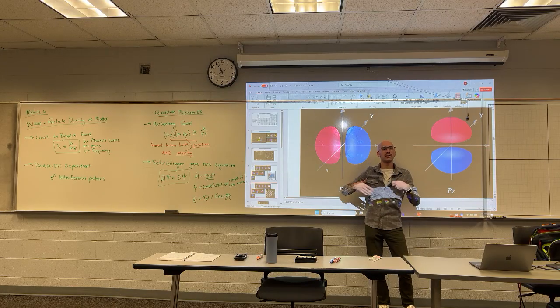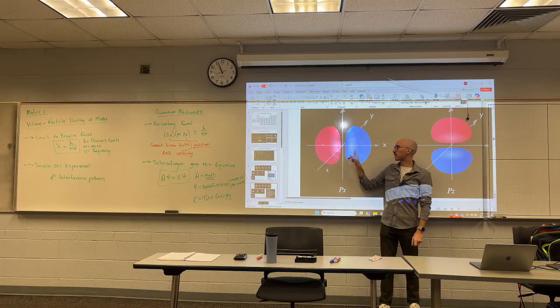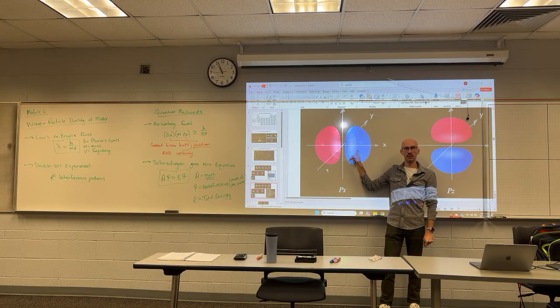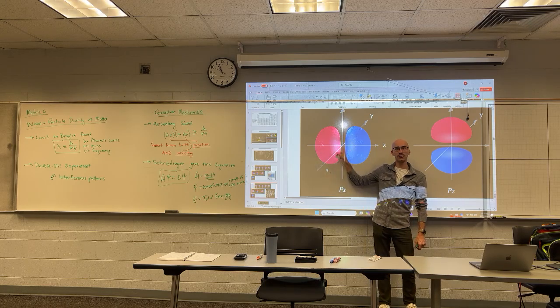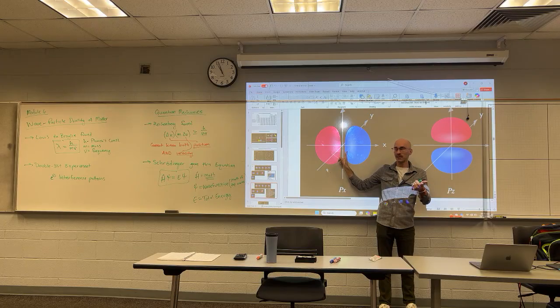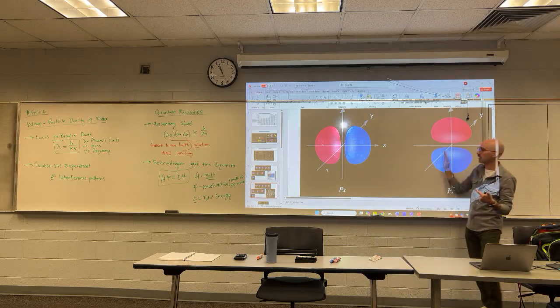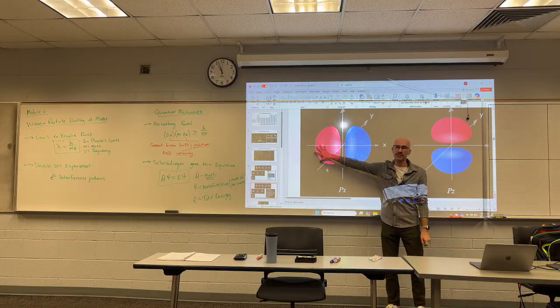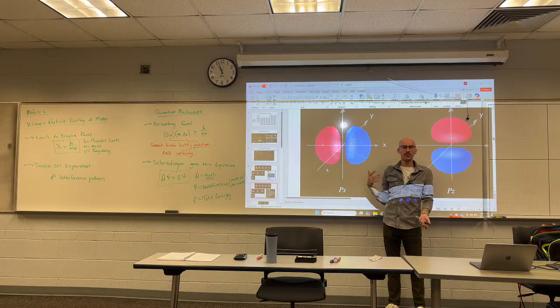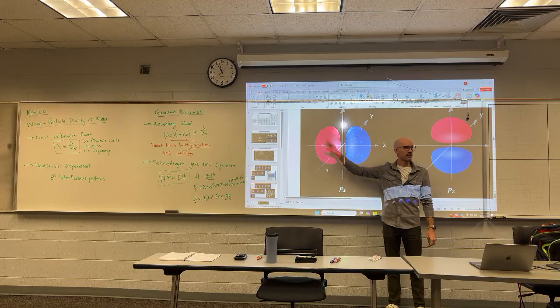For instance, if I wanted to describe your car moving forward, I would describe it with plus, and if it's moving backwards, I would describe it differently with minus. This is describing how the electron behaves, where it is, what orientation the electron has in space, and how it's moving. But because we're describing a math function, we use colors to differentiate what the math function is doing.